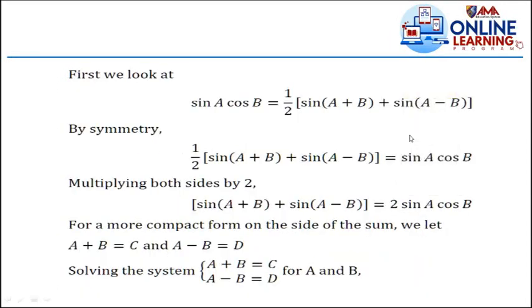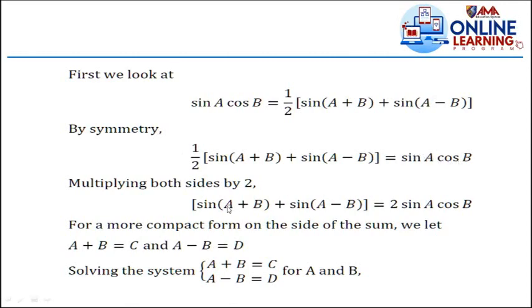First, we look at sine A cosine B is equal to 1 half sine A plus B plus sine A minus B. By symmetry, we have 1 half sine A plus B plus sine A minus B is equal to sine A cosine B.